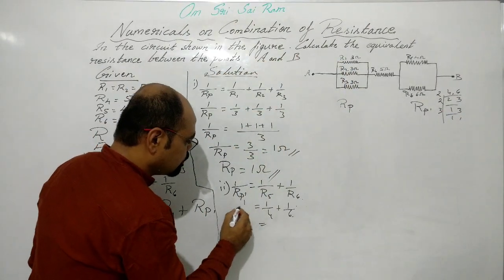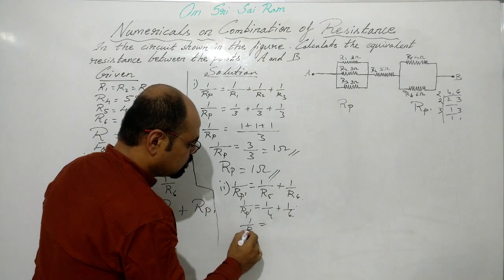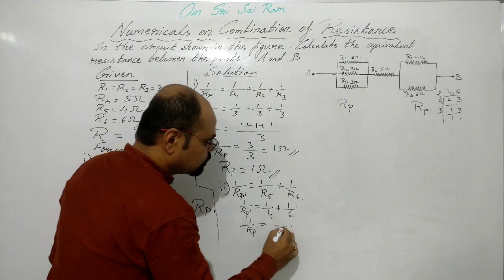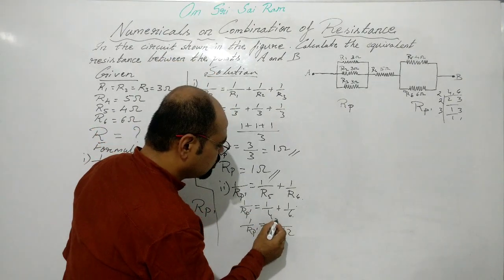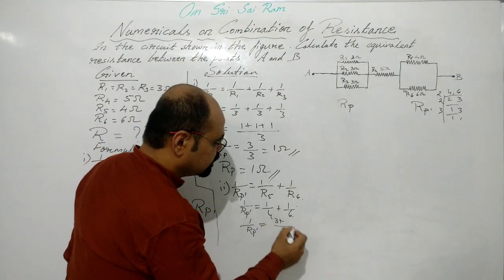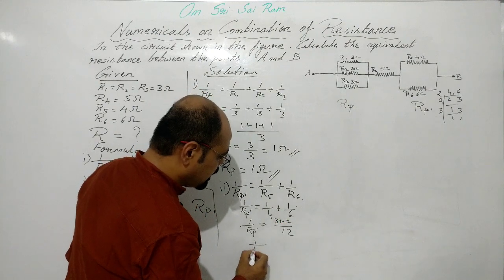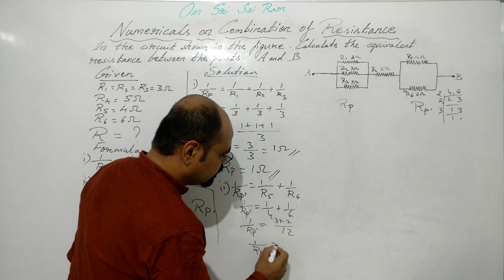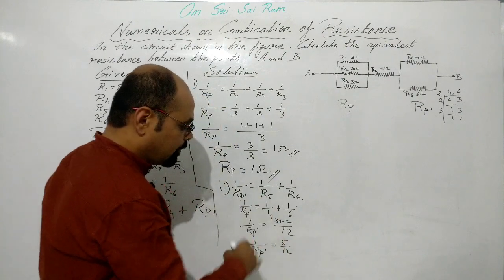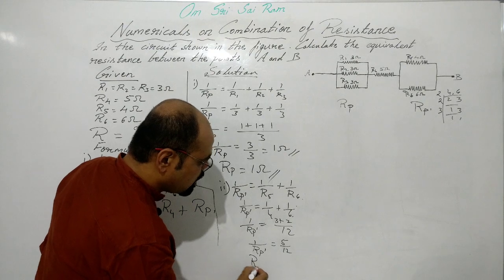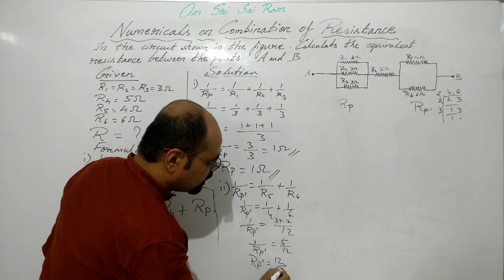So we have 1 by Rp dash is equal to, LCM is 12, so 4 threes are 12 plus 6 twos are 12, and we got 1 by Rp dash is equal to 5 by 12. We need Rp dash, so Rp dash is equal to 12 by 5.